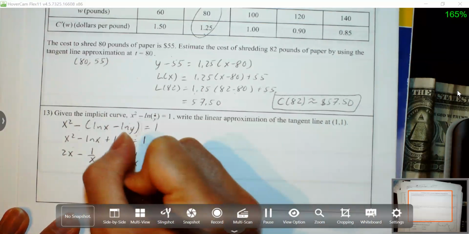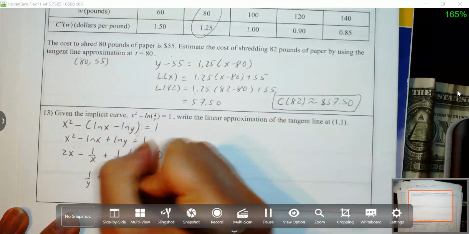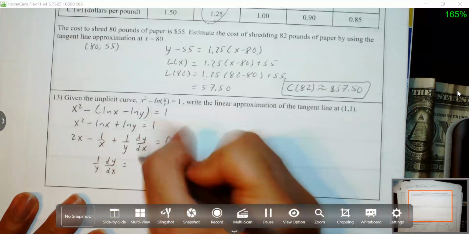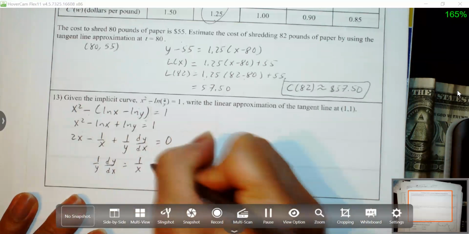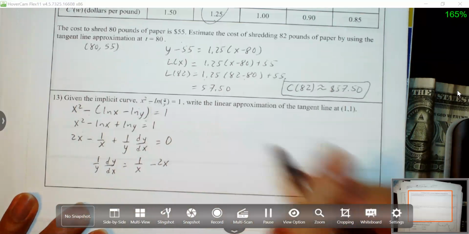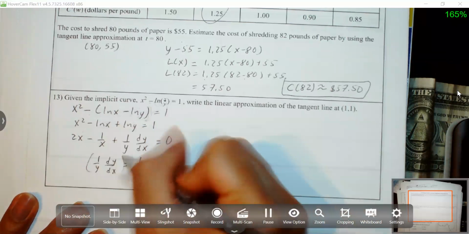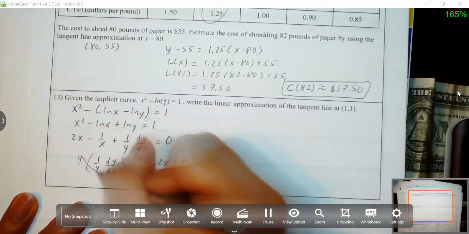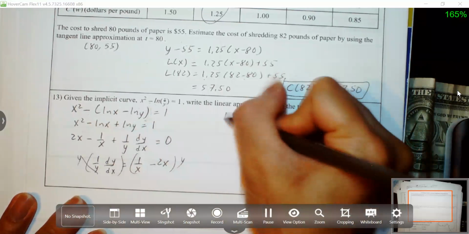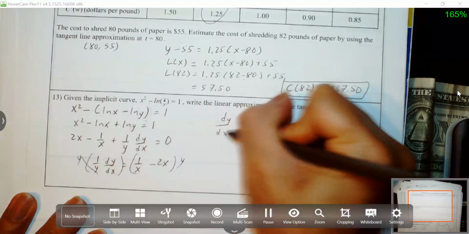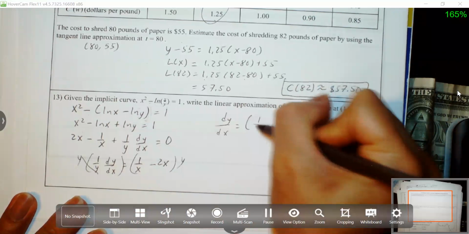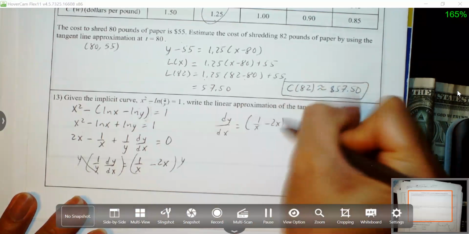So I have 1 over y dy dx is equal to, I'm going to bring this to the other side, 1 over x minus 2x. And then I'm going to multiply both sides by y. And I get dy dx is equal to 1 over x minus 2x times y.